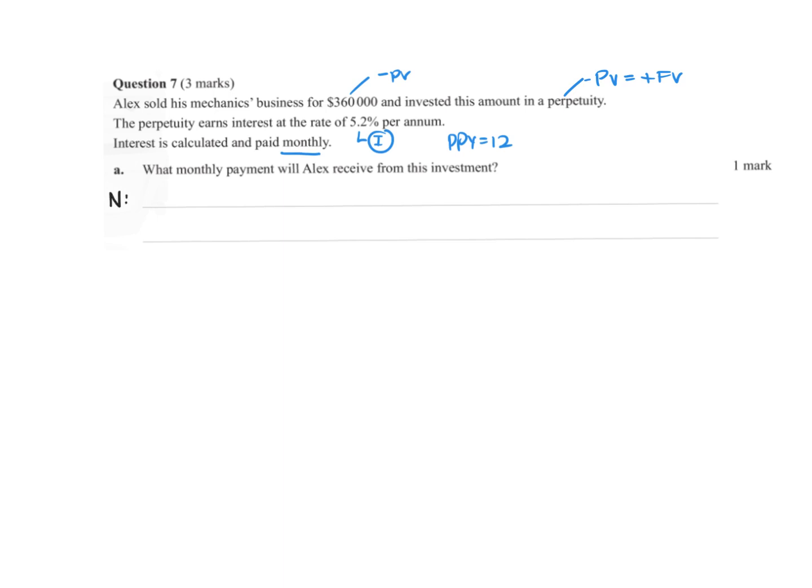So this is a pretty basic question. So we got N equals, because it's a perpetuity, we can just chuck in 1. I equals 5.2, PV equals negative 360,000. Payment is the question, and FV is the same as PV but positive.